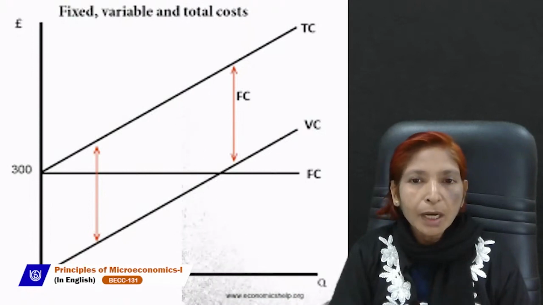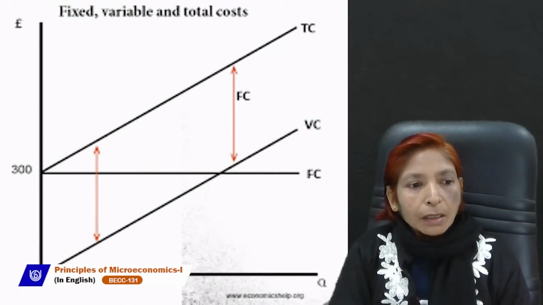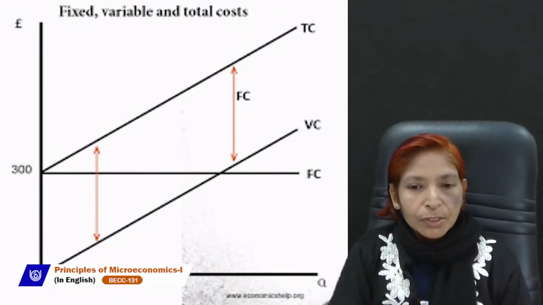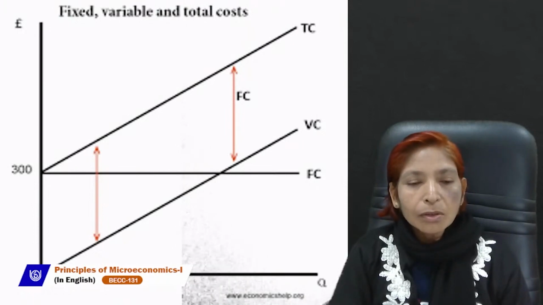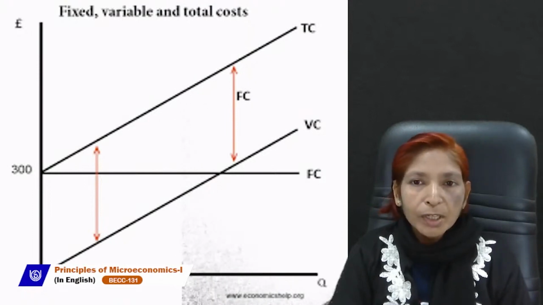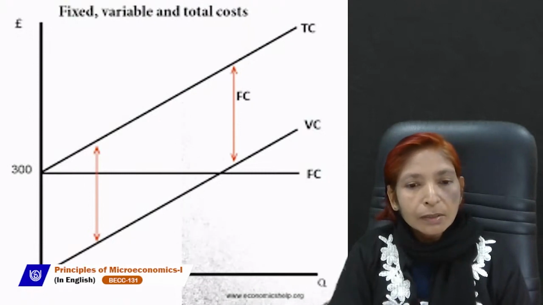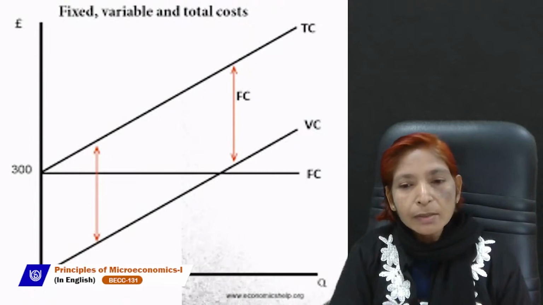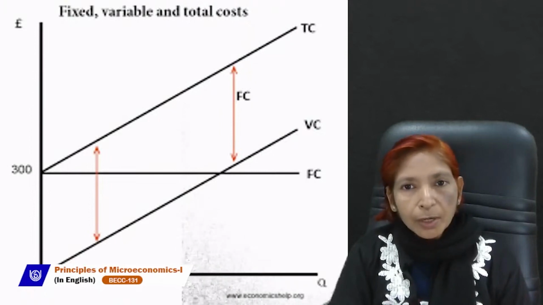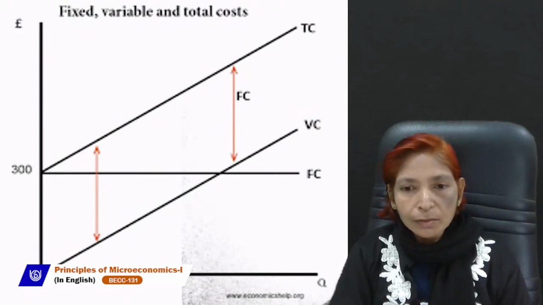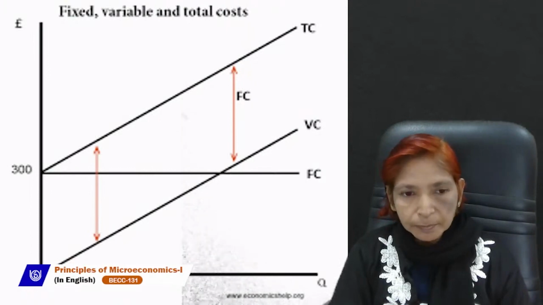So the total cost curve always starts from the point where the total fixed cost curve starts. So TC at the first unit is equal to TFC. So the TC curve always starts from the point where TFC starts. And TC always remains higher than these two cost curves because TC is the summation of TFC and TVC.